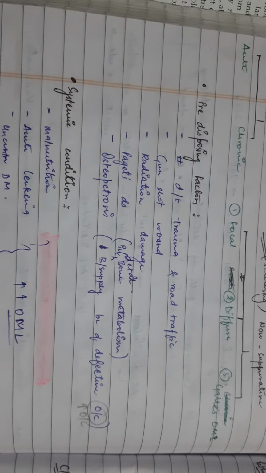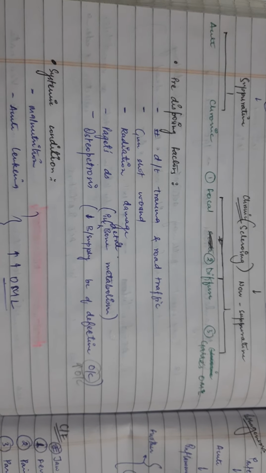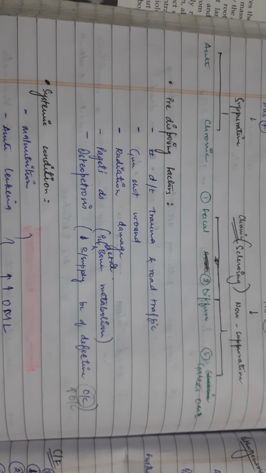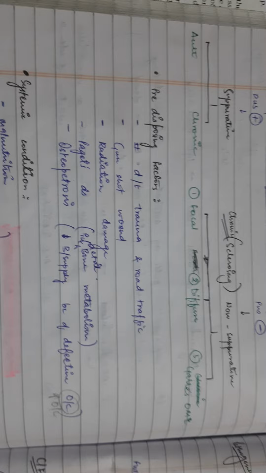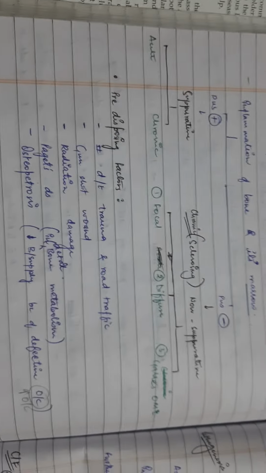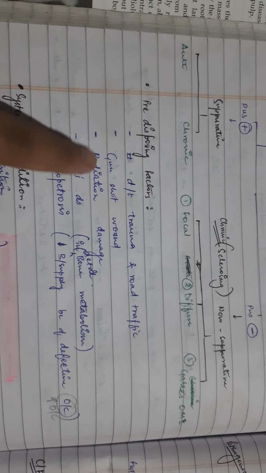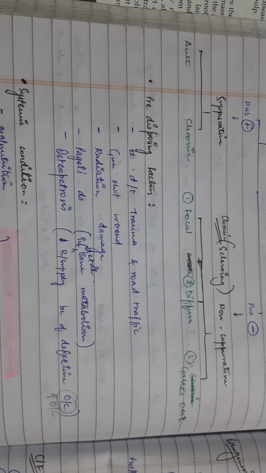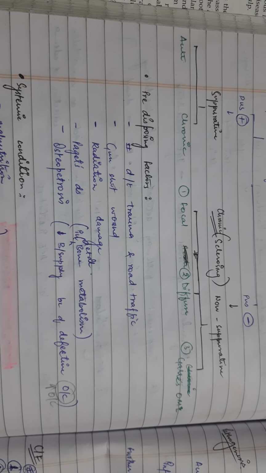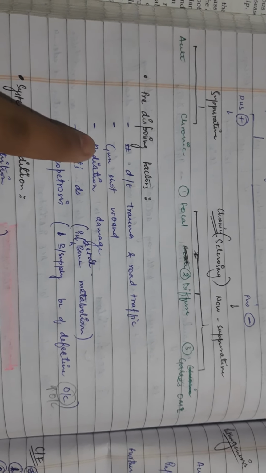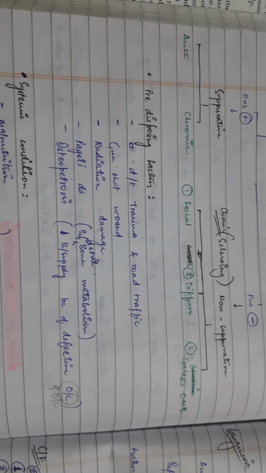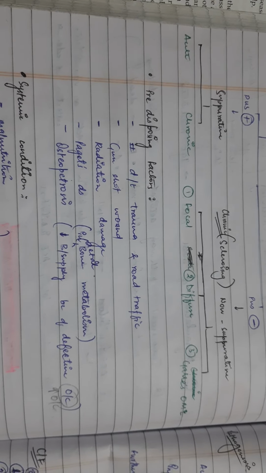Now, predisposing factors, which are the factors that may be responsible for this osteomyelitis disease. Fracture due to trauma and road traffic accident, gunshot wound, radiation damage, Paget's disease, and osteoporosis.